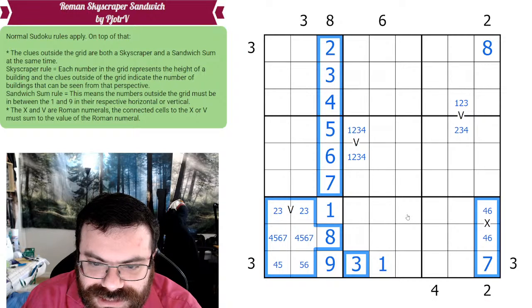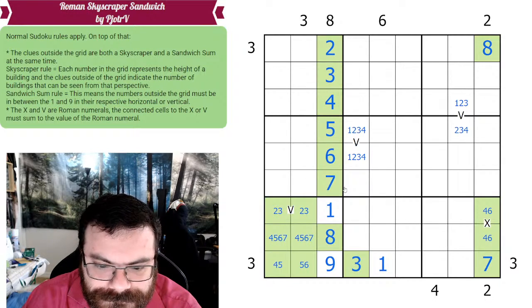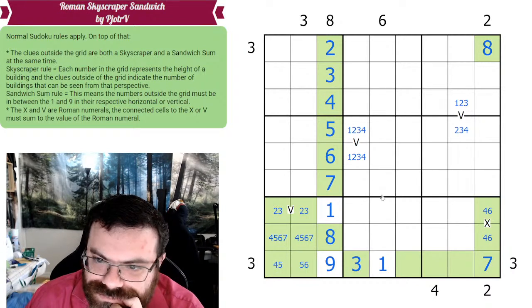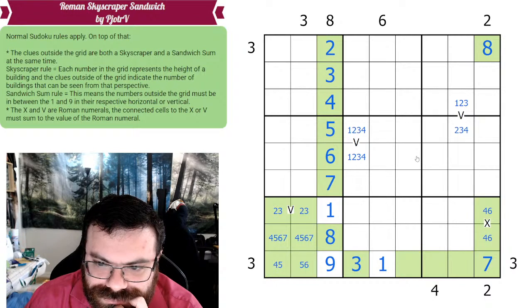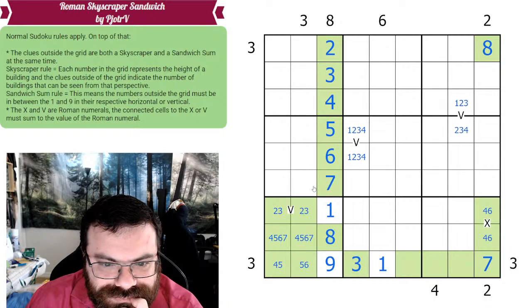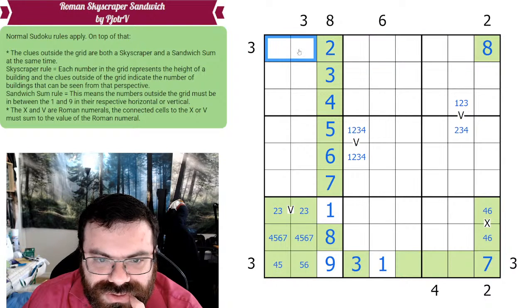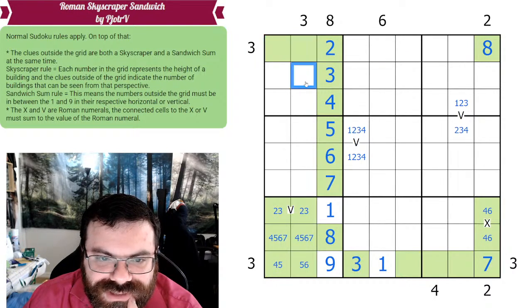I'm going to start highlighting where 1s and 9s can't be. Okay. So we know the sandwich can't be here because 139 doesn't fit there.